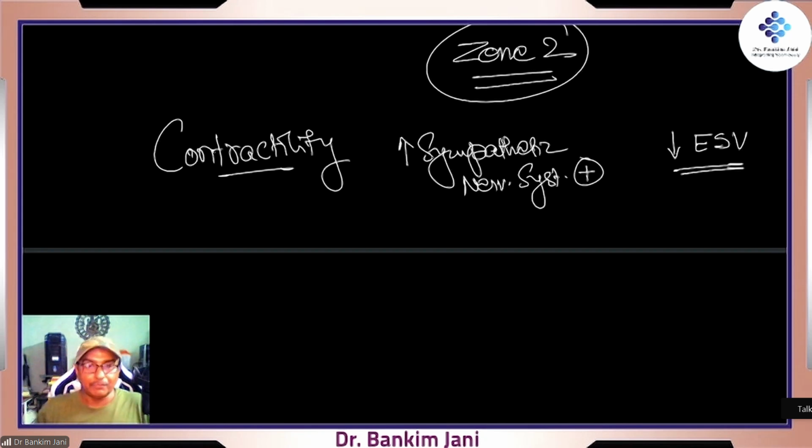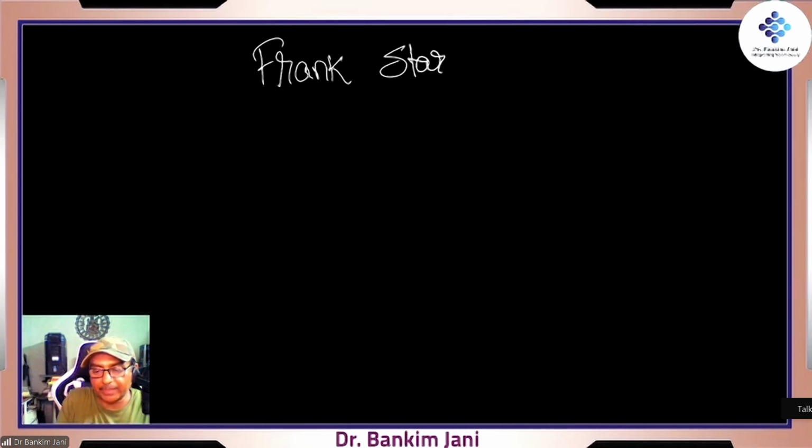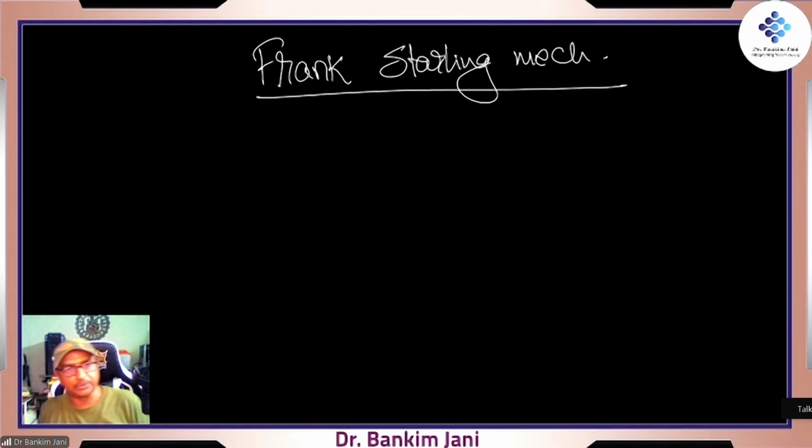Now we'll talk about one of the very important graphs or mechanisms, and that is what is called the Frank-Starling mechanism. Right? This Frank-Starling mechanism is a combination of everything. Its basic principle is, when you increase preload, what happens?